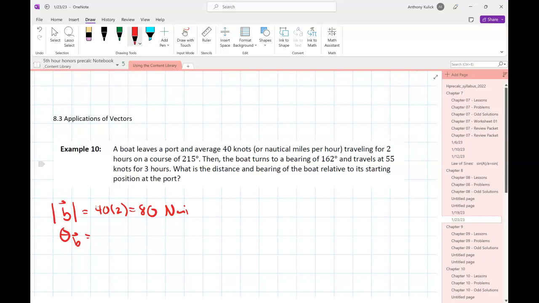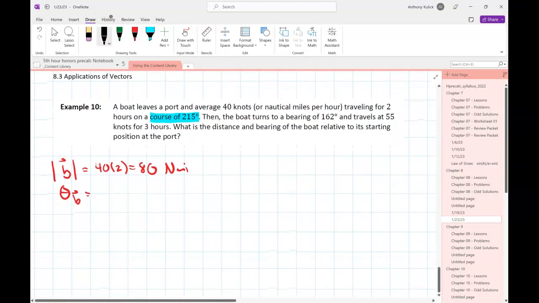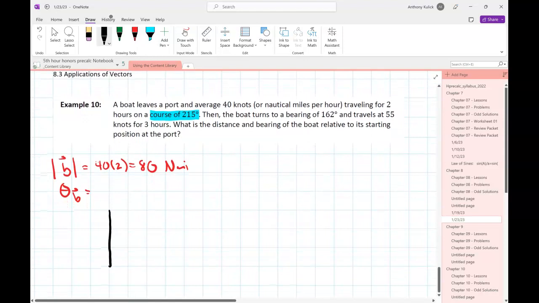If it says a course of 215 degrees, that's a bearing. What's the difference between a bearing and a standard position angle?